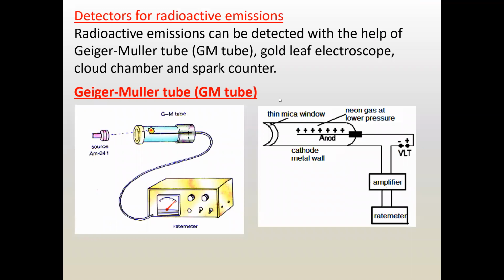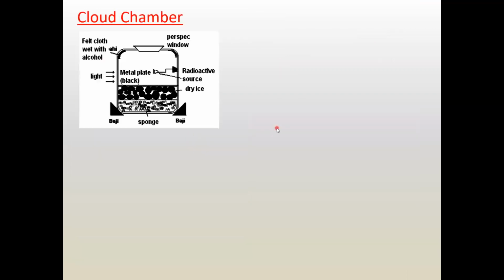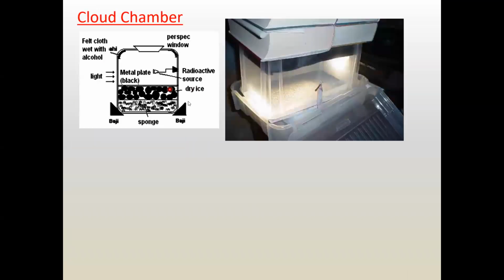Then the detectors which we can use. There are different types of detector. You don't have to learn the working of these detectors, this is just information. You just have to learn the name of the detector, not how it works internally. We have a GM tube, which can be used as a detector for radiation. We can have a Wilson cloud chamber.